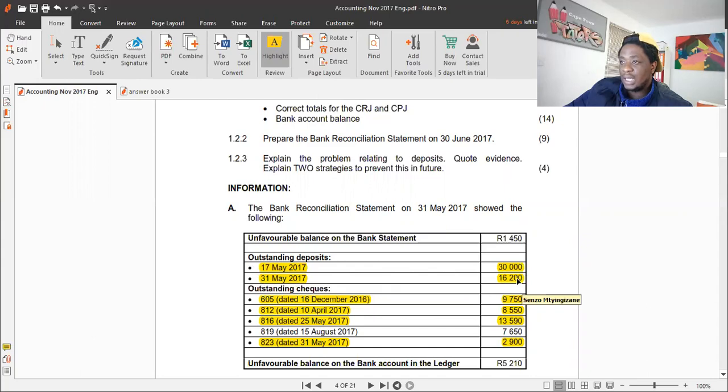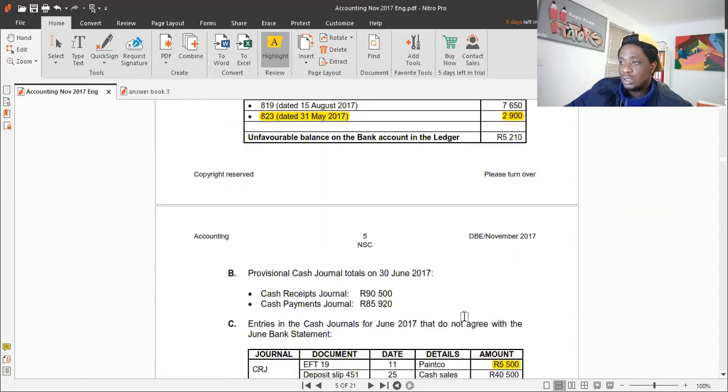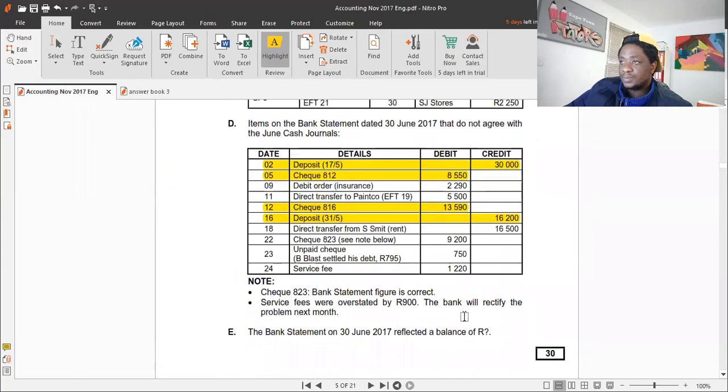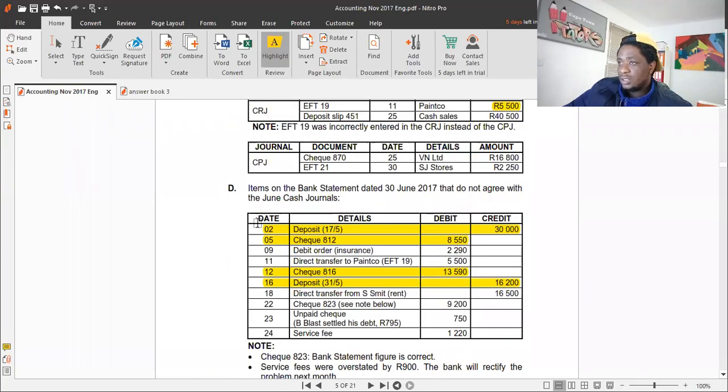It came in the cash receipts journal, and this money only went into the bank statement later. The first deposit of 30,000, which was on 17 May, was only received in the bank statement on the 2nd of June. What was the reason for that?